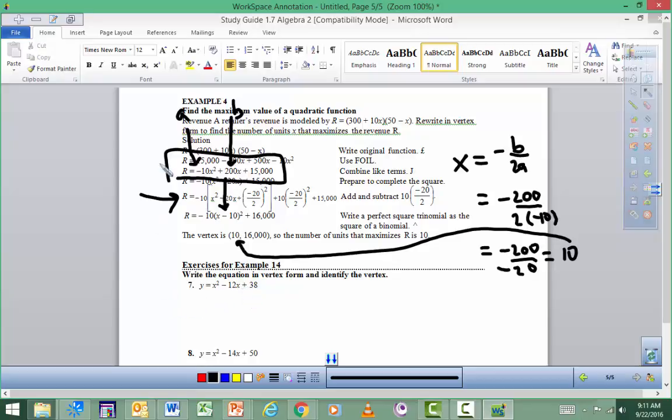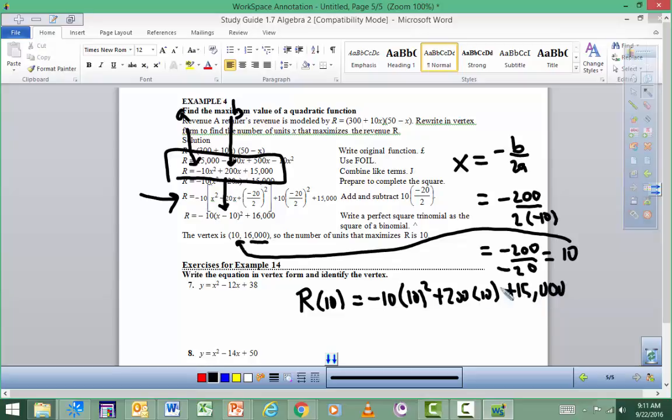And then all we needed to do to find the revenue was to take r, plug in 10, and find out what the y coordinate would have been. Well, we would have had negative 10 times 10 squared plus 200 times 10, and then plus 15,000.